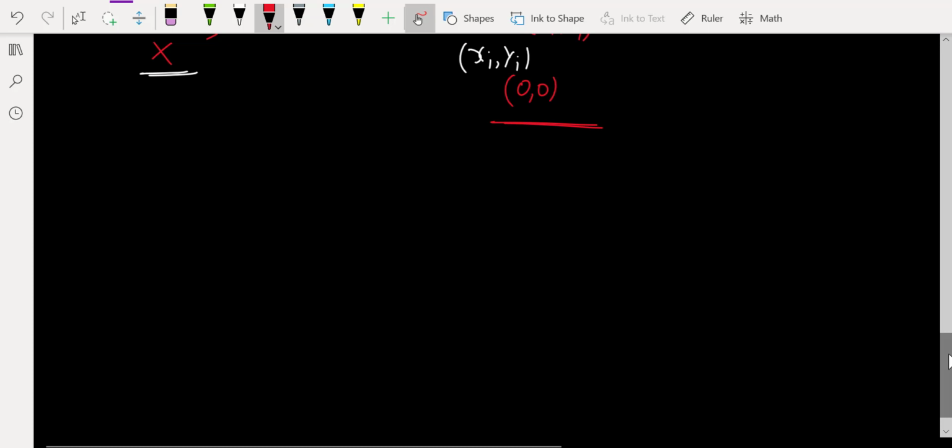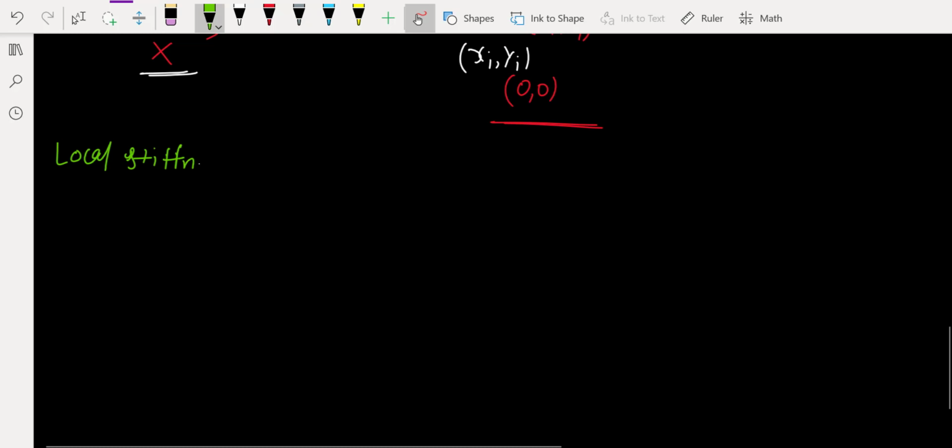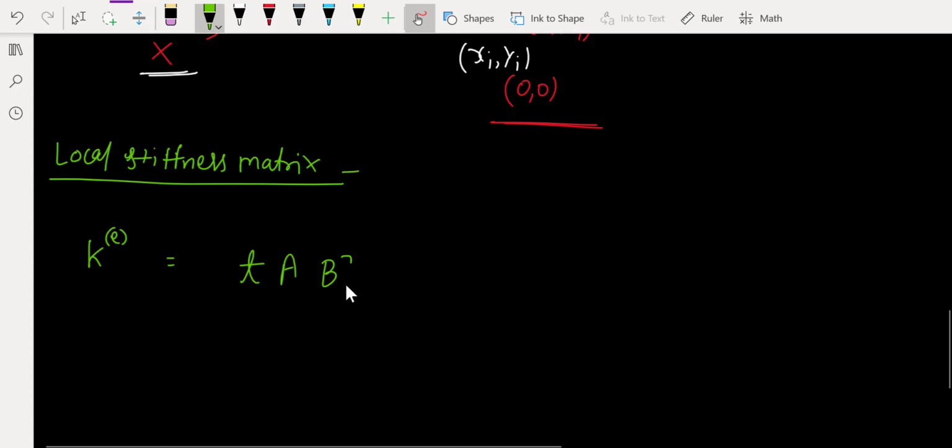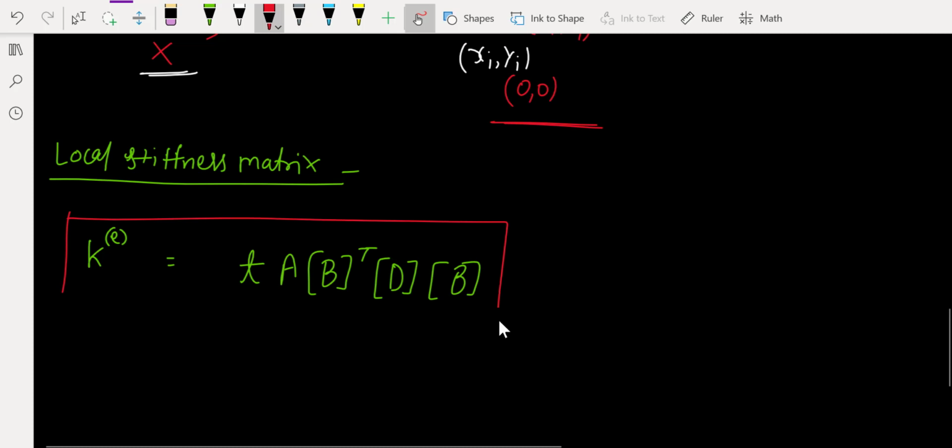So let's write the expression for the local stiffness matrix for this element. The formula would be T A B transpose D B. So this is your local stiffness matrix formula.